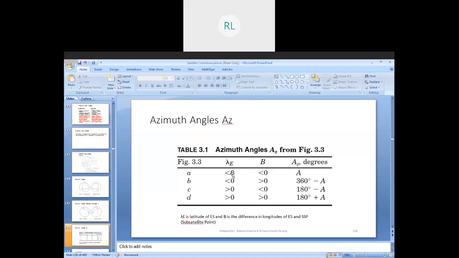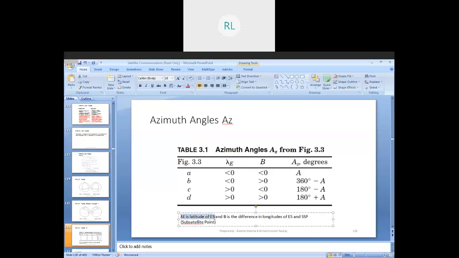B is this formula. And what is A? What is lambda E? Lambda E is nothing but for your Earth station. So in this case we'll have to subtract 360 degrees from the azimuth angle.